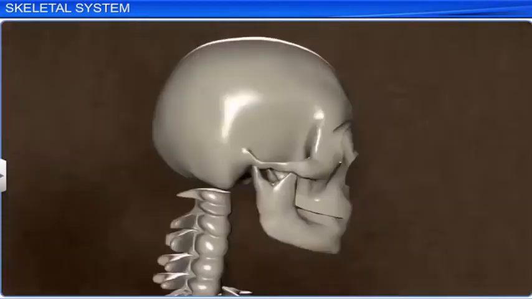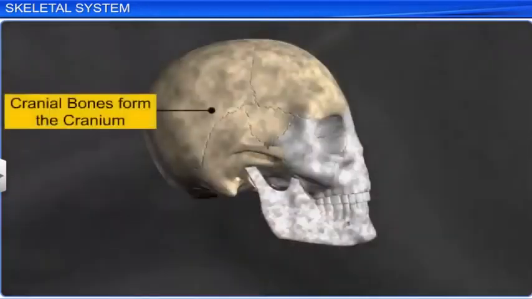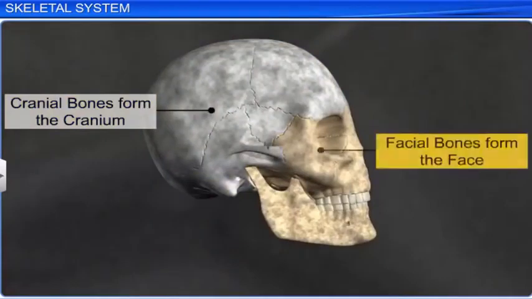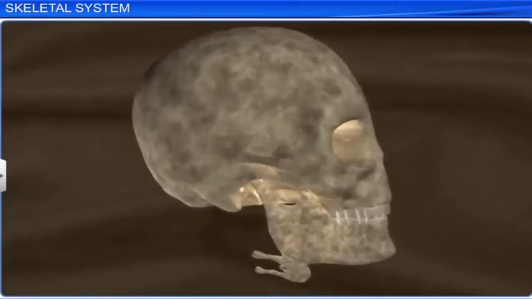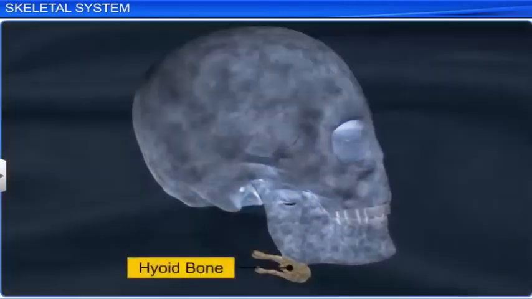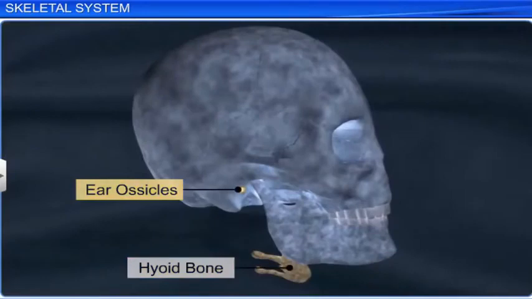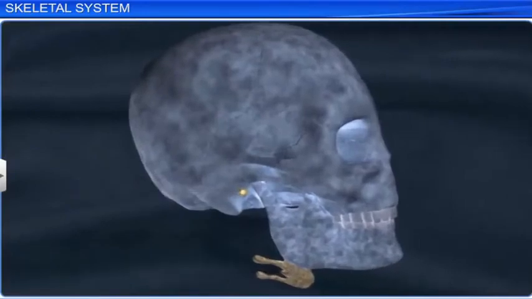The skull has two sets of bones, cranial and facial. The 8 cranial bones fuse to form a cranium or brain box, while the 14 facial bones form the face. The skull also includes a U-shaped hyoid bone and two ear ossicles, one on either side.